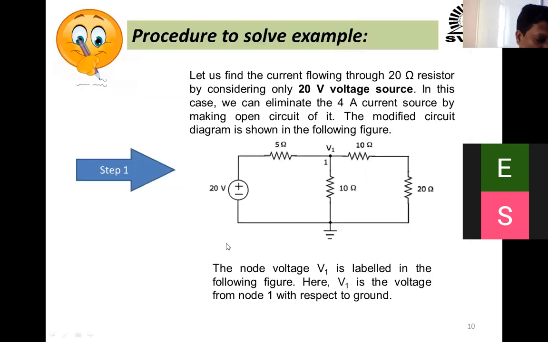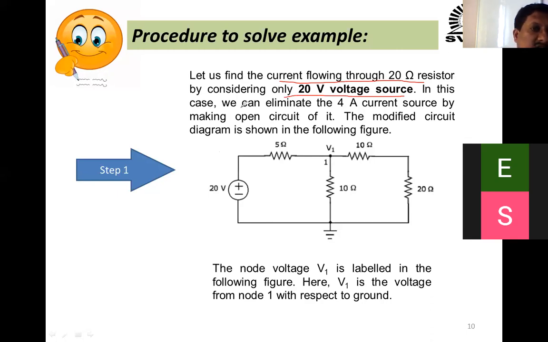Now the step number one we are following here. Step number one, let us find the current flowing through the 20 ohm resistor by considering only the voltage source acting alone. Okay, when only the voltage source is acting alone, we are going to find out the current passing through this 20 ohm.